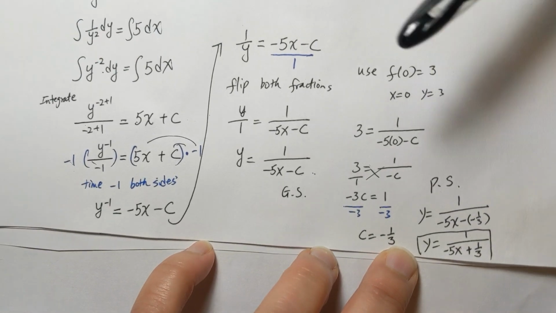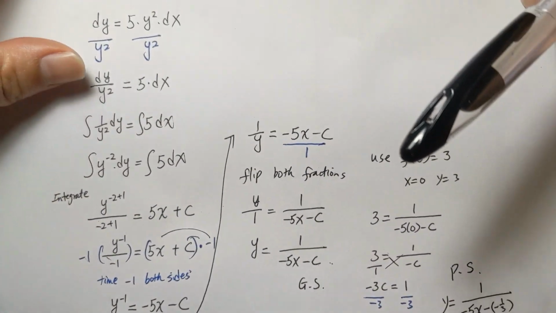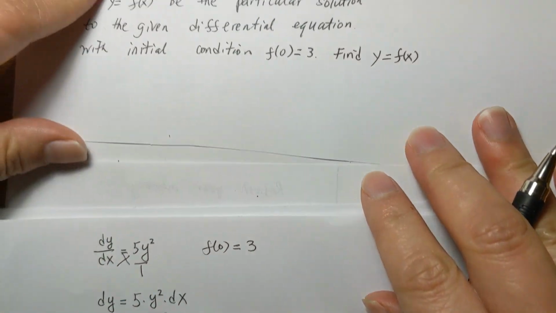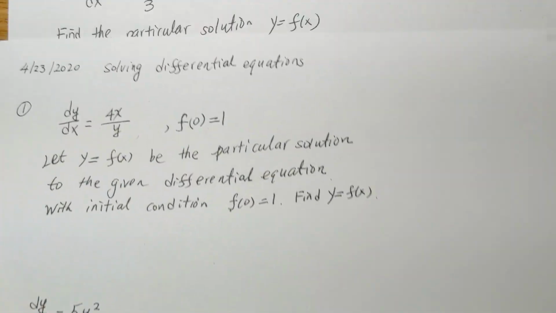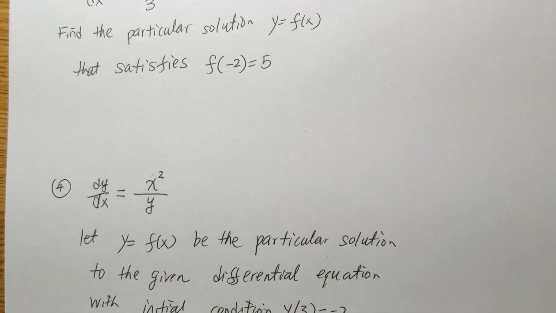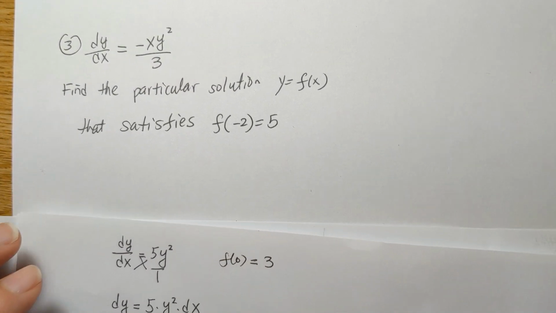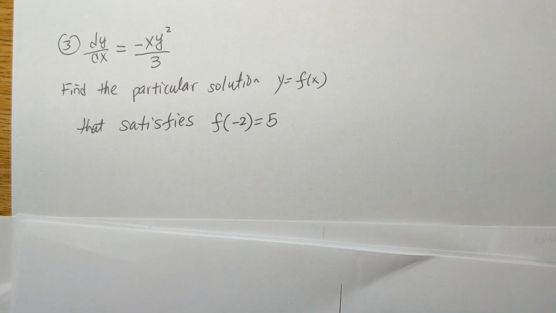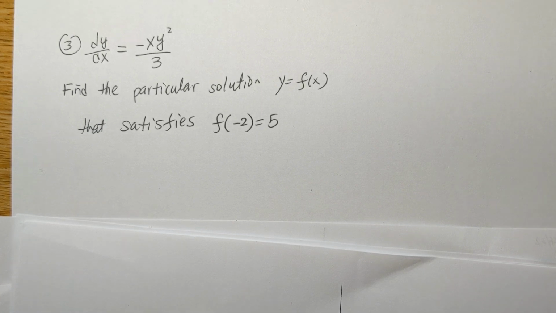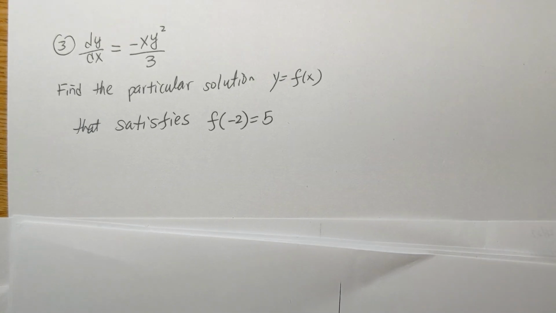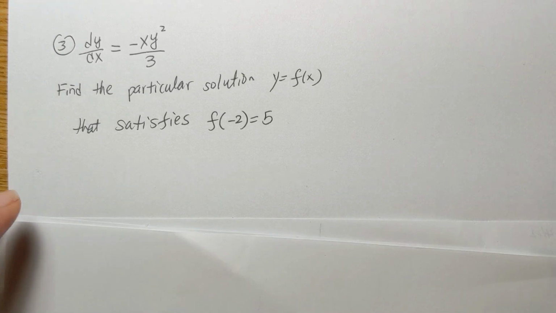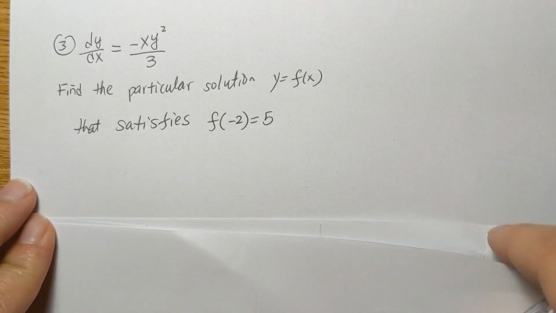Let's take a look at question number 3. Question number 3. dy dx equal to negative x times y squared over 3.